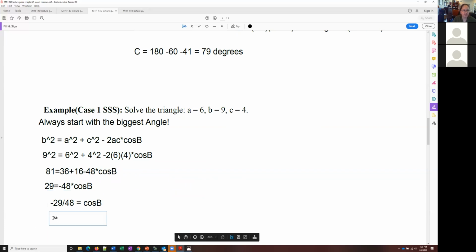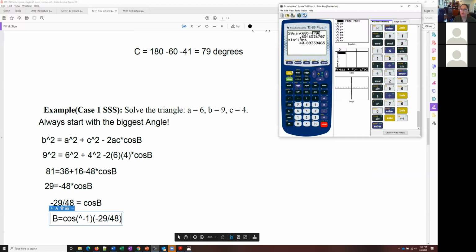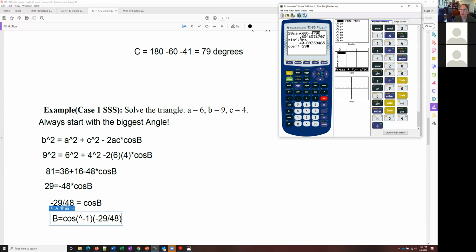So to find angle B, we're going to do inverse cosine of the negative 29/48.